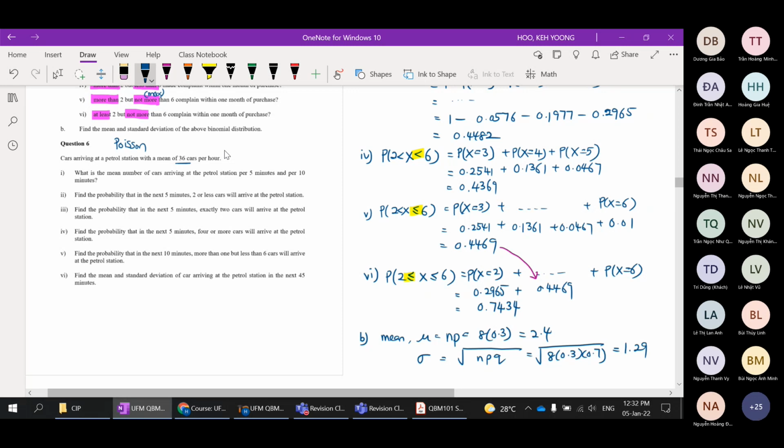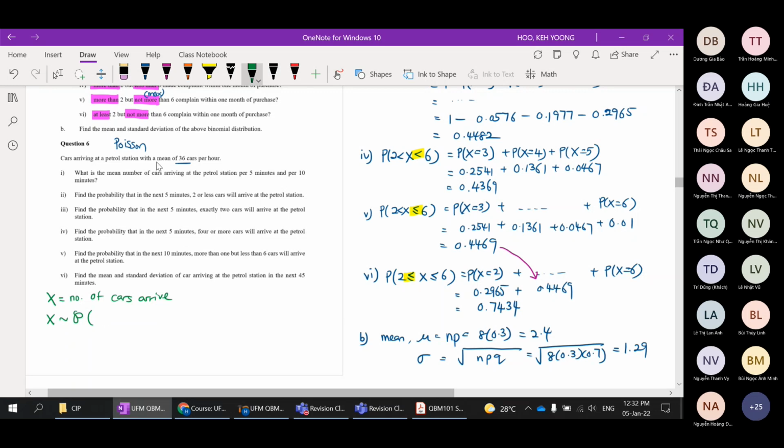Let's write down the information here. Maybe let's use a different color to differentiate from question 5. So X is the number of cars that arrive. X follows a Poisson distribution.